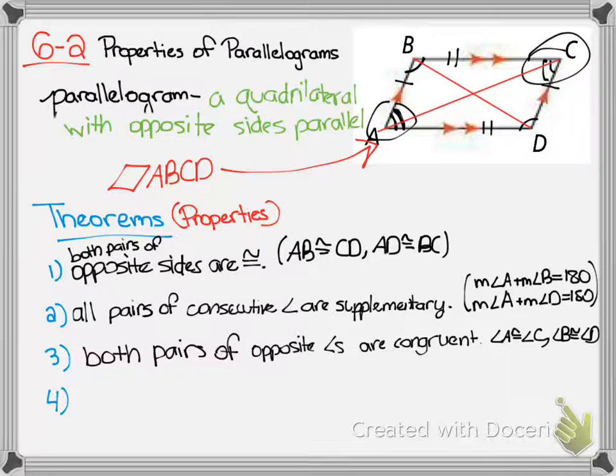So looking at those diagonals, if we were to measure each one of those, it actually turns out that the diagonals bisect each other in a parallelogram. Notice they are not congruent, they just bisect.